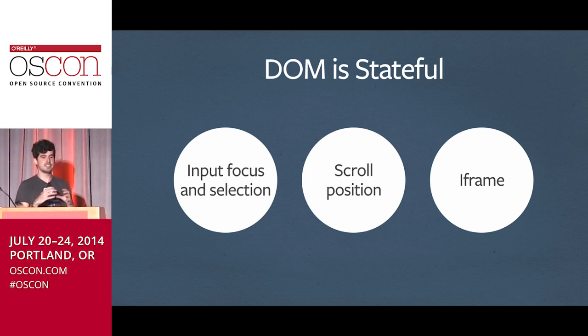DOM nodes contain state like the currently selected input. So the first thing we tried was to make a global variable that holds the currently focused element. For each element, I store its scroll position and everything like this, and I restore it on the new element. So it worked for those.